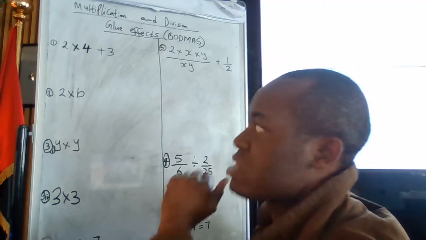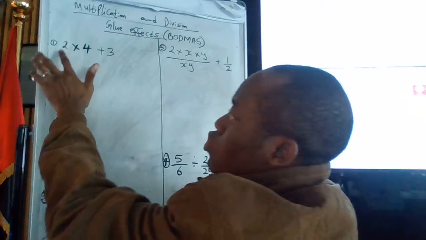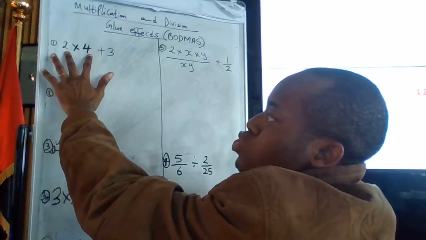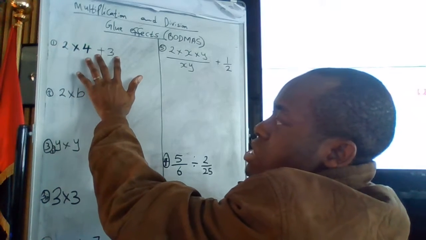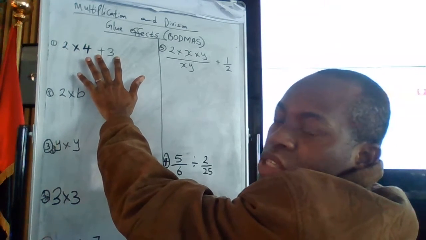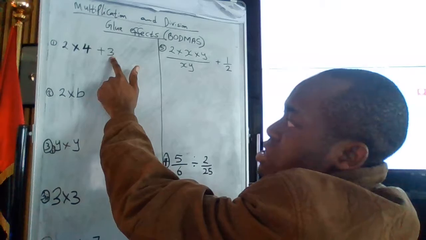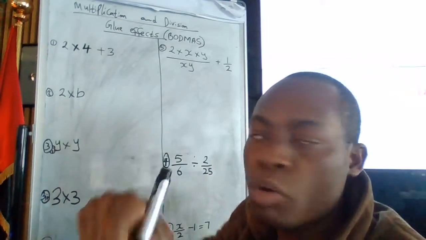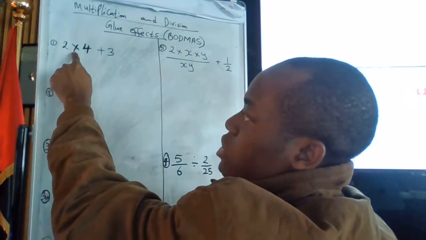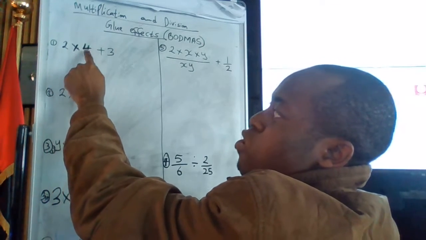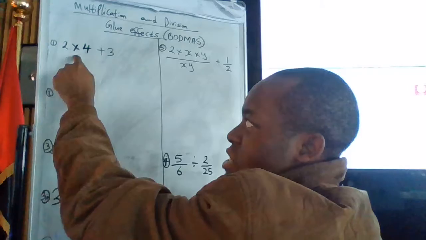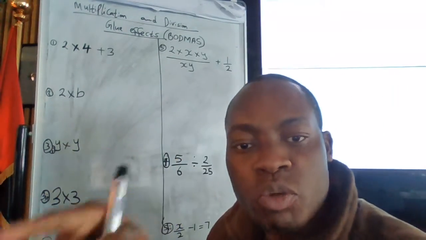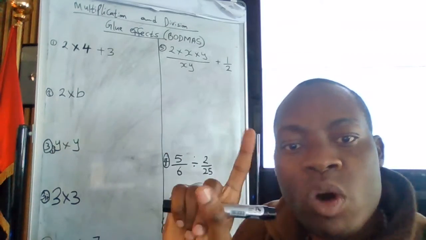Don't forget BODMAS. That is, it will be 2 times 4 plus 3. Now you have to do the times before the plus 3. This plus belongs to this 3. I always tell you, know who owns a particular symbol. This multiplication belongs to 4 and 2. Yes, that is why I said glue effect. Under addition and subtraction, each sign belongs to one item.